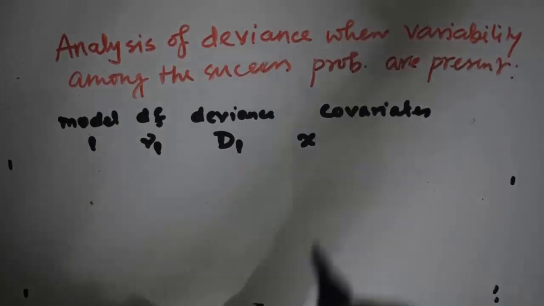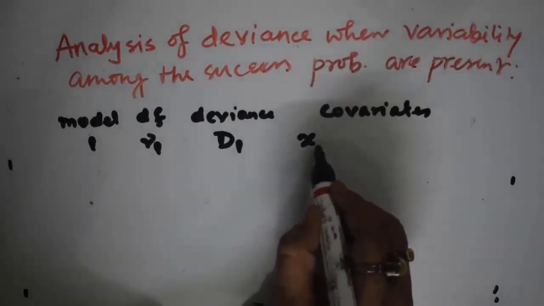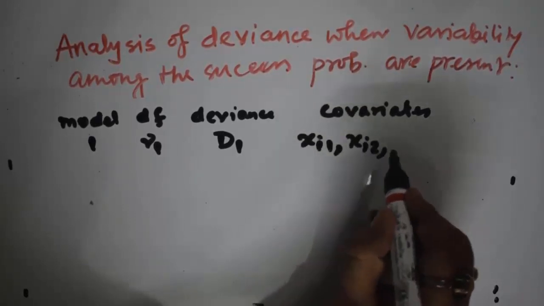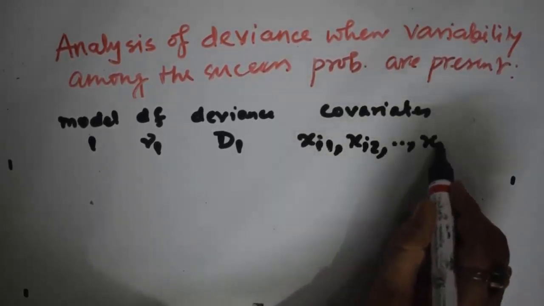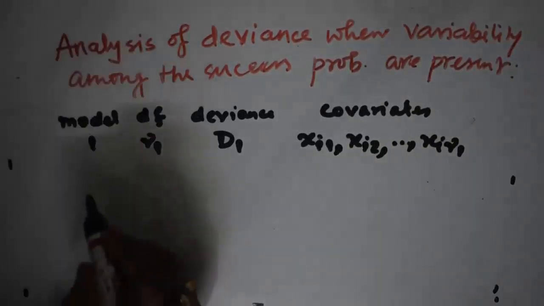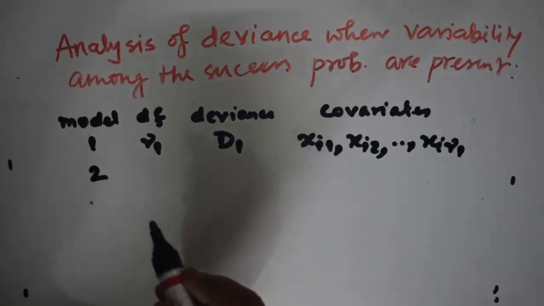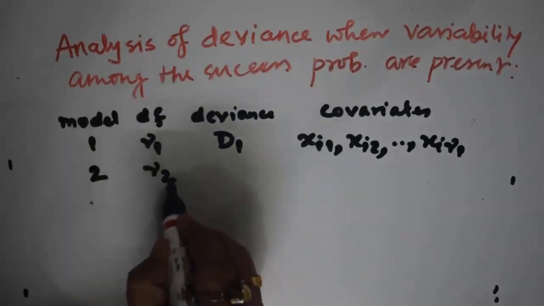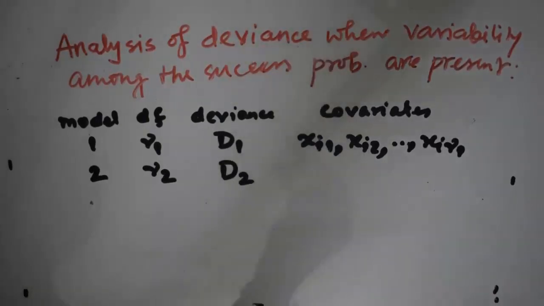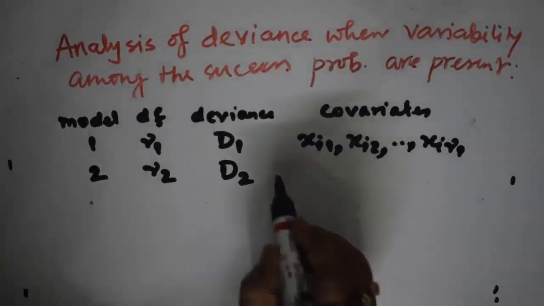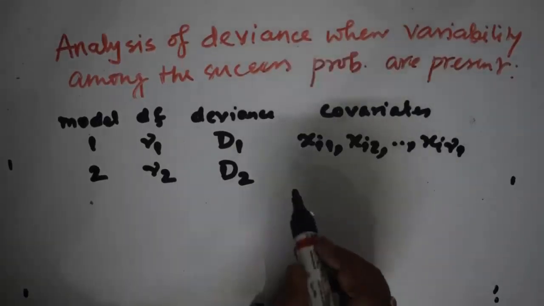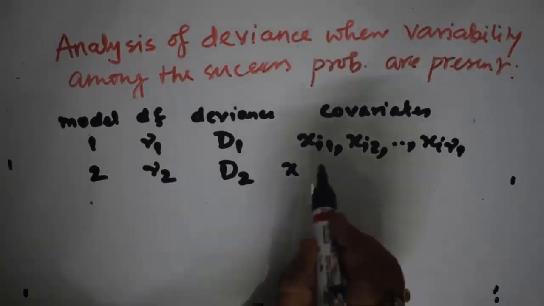For the ith observation, the covariate values are xi1, xi2, up to xi gamma 1. For model 2, degrees of freedom gamma 2, deviance statistic D2, and the covariate values corresponding to the ith observations are here.